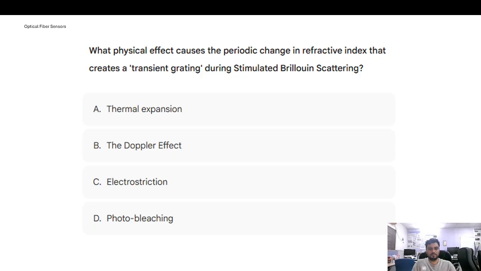Partially correct, but we have already discussed this one. The physical effect that causes the periodic change of the refractive index is electrostriction. Doppler effect is mostly focused on the frequency shift.